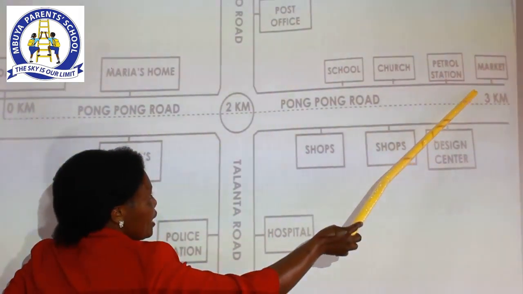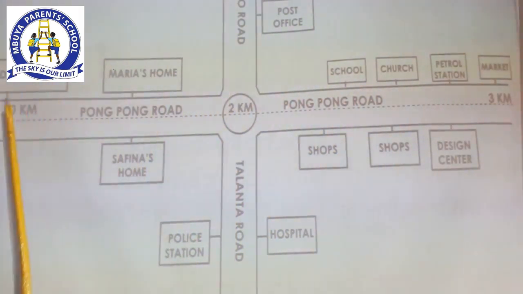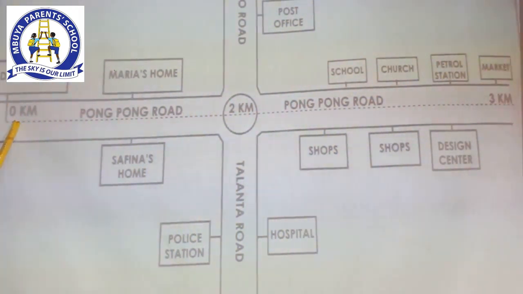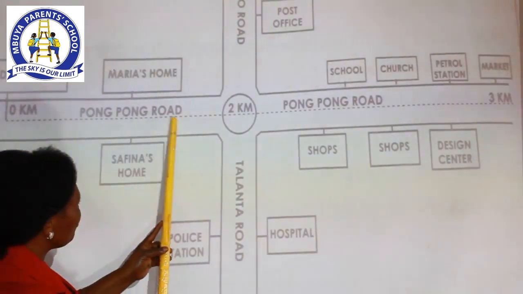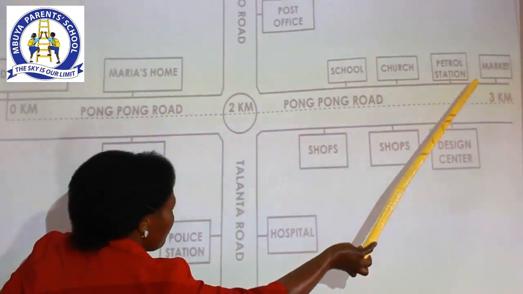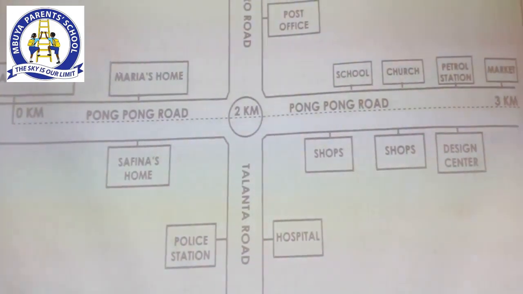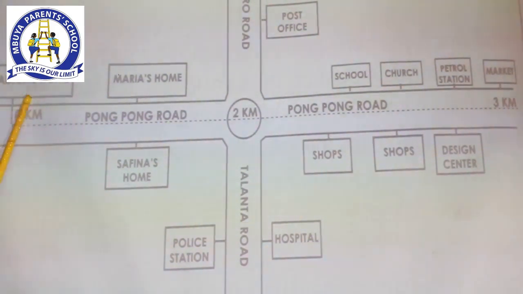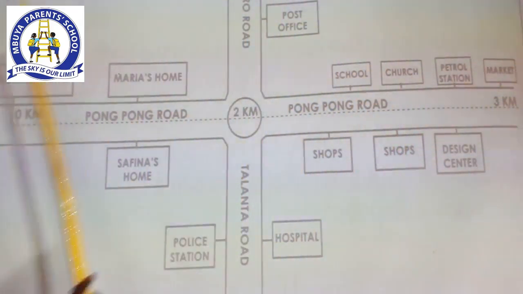This is where the market is found. So the distance from Adam's home on Pong Pong to the market is 3 kilometers.